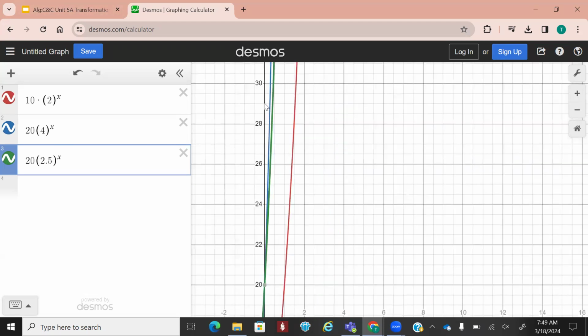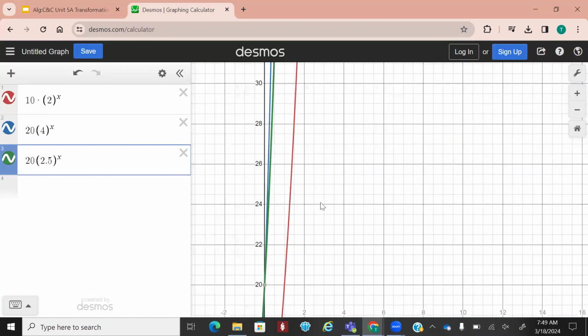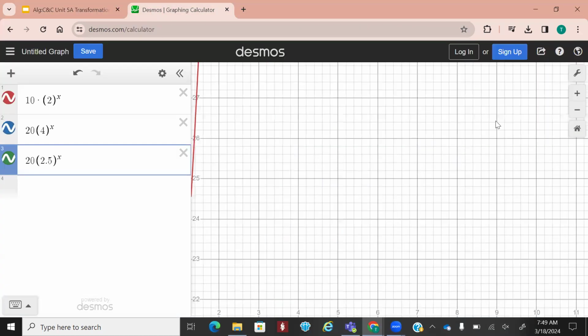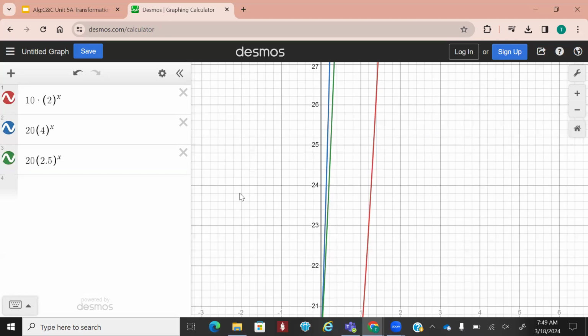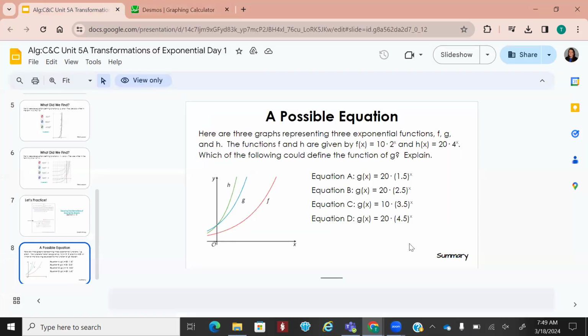That's a little bit closer to that blue one, right? So is this more accurate or is it 1.5? Probably that 1.5 because there's a little bit of a space, right? Okay, so my answer is going to be most likely A.